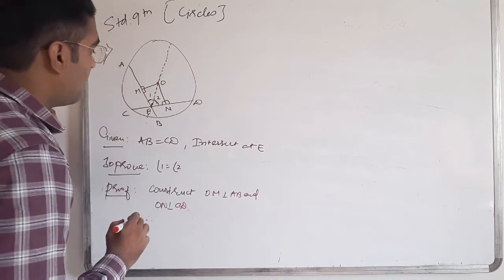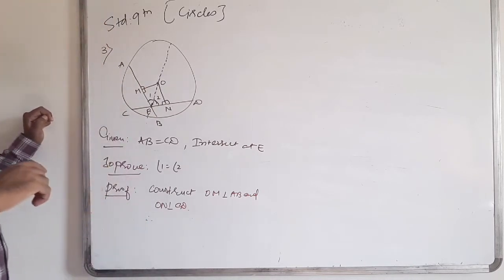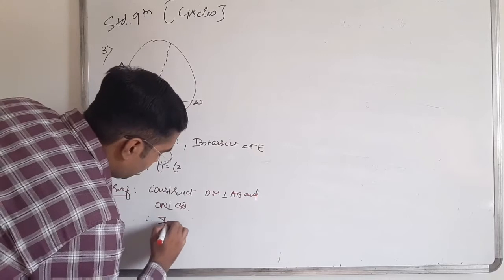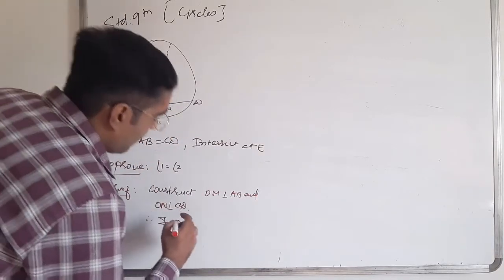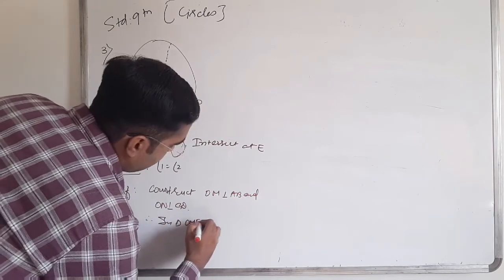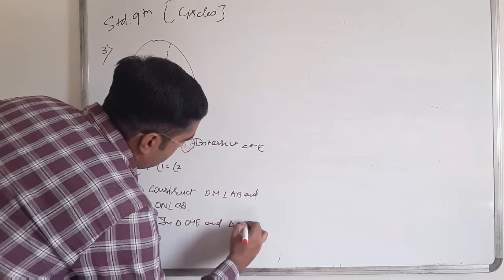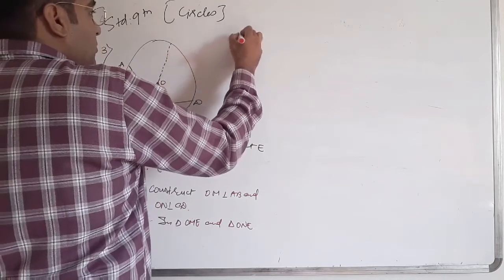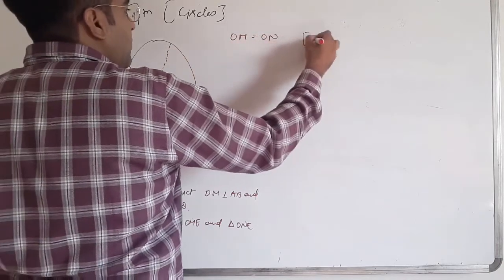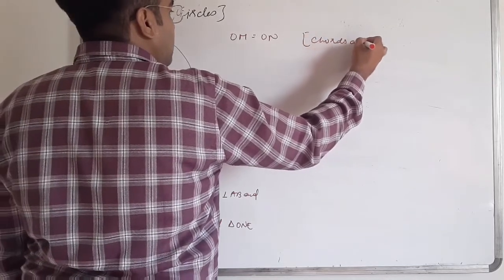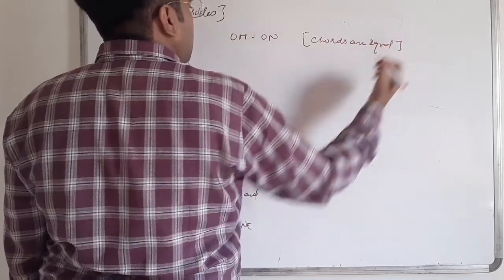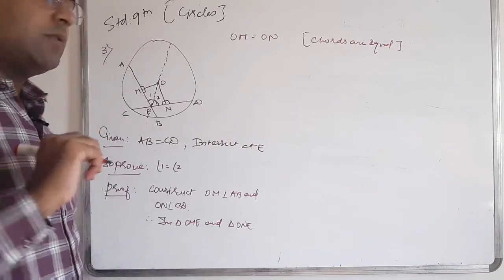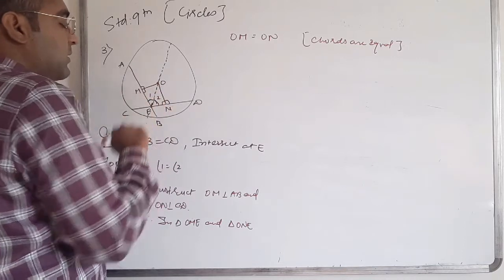Therefore we know that in triangle OME and triangle ONE, OM is equal to ON because the chords are equal, so from the center of the circle the distances to the chords are also equal. So I'll write that OM is equal to ON.